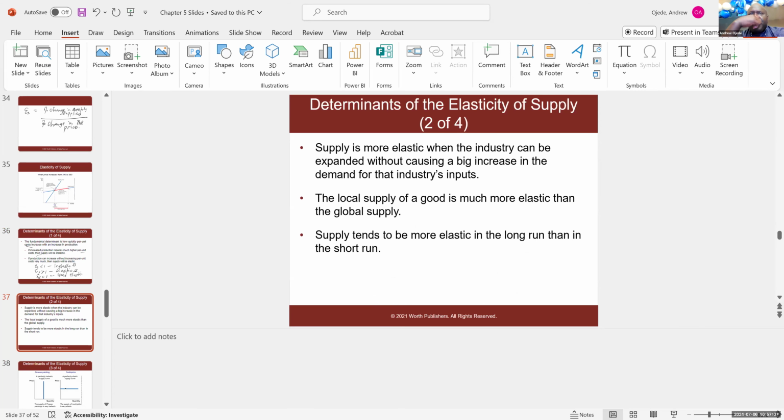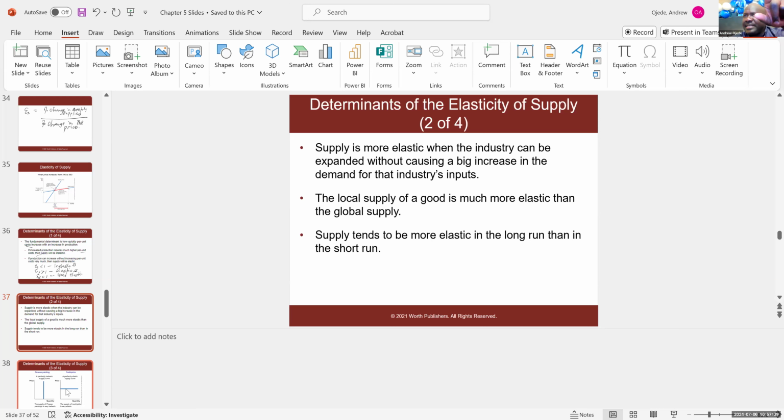Let's continue. Supply is more elastic when the industry can be expanded without causing a big increase in the demand for that industry's inputs. That's right. So if your company is in an industry that can be expanded without causing any big increase in the demand for that industry's inputs, then the supply is going to be elastic.